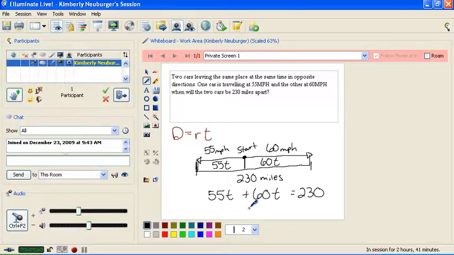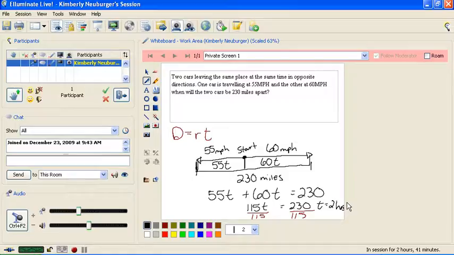Combining our like terms, we get 115t equals 230. Divide both sides by 115, and we find out that t is 2 hours. So that's how long it took us to get those two cars 230 miles apart.